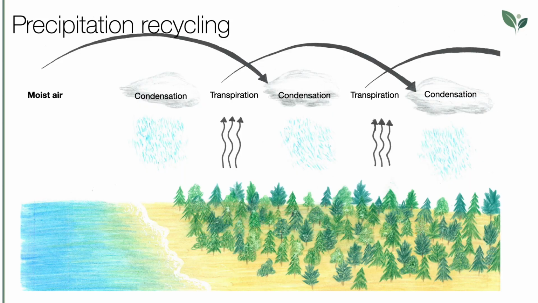Let's look at the whole process on a geographically larger scale. Water, water vapor, clouds come from the oceans and drift onto the land. There, clouds form via the condensation process and precipitation takes place. This precipitation accumulates in the trees and in the soil and is then brought back into the air via evapotranspiration.